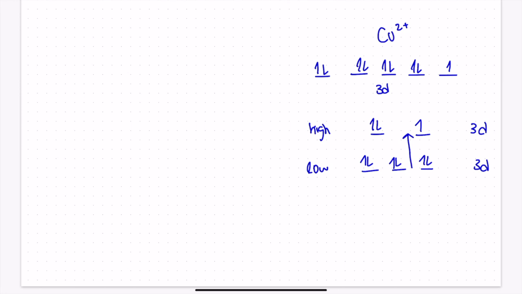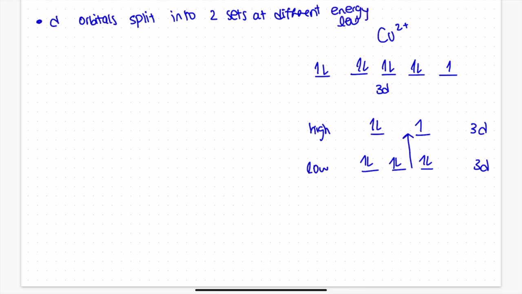First of all, we need to say that the d orbitals split into 2 sets at different energy levels. And then we have to say chronologically what happens next.